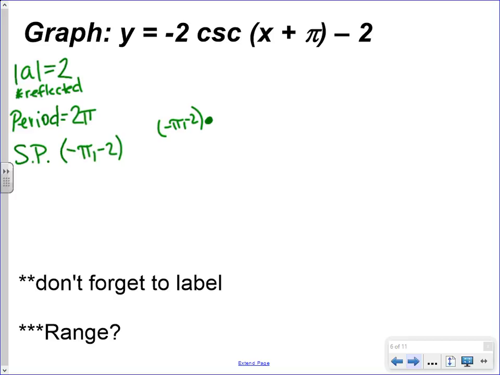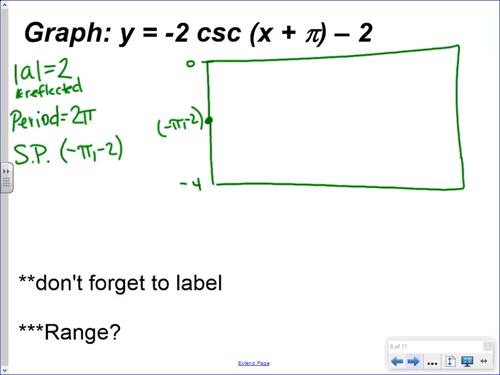So we're going to draw our frame up to 0 and down to -4, just like we would with a sine curve. And then our period is 2π. If we begin at -π and the period is 2π, where are we stopping? Ah, that one's nice, isn't it?